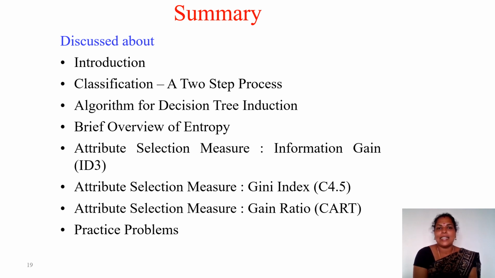Then the algorithm for decision tree induction, and a brief overview of entropy, which is mainly used in information gain calculation. Then we discussed 3 attribute selection measures: information gain, used in ID3; Gini index, used in C4.5; and gain ratio, used in classification and regression trees.